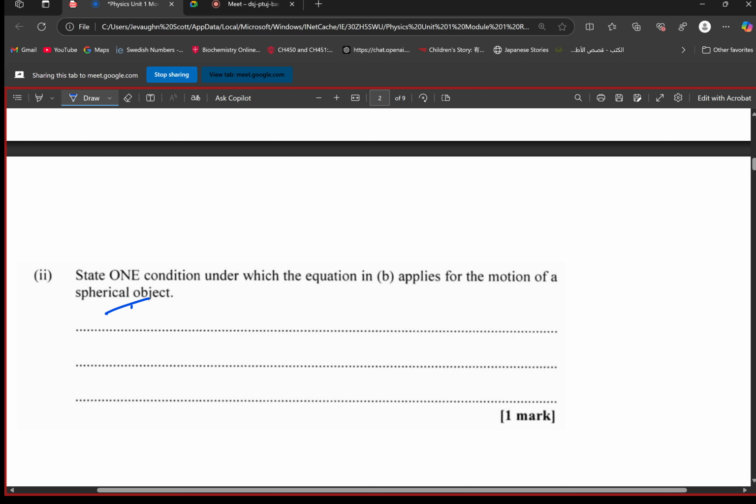So it really only applies, so it only applies when what? The object. Go ahead.